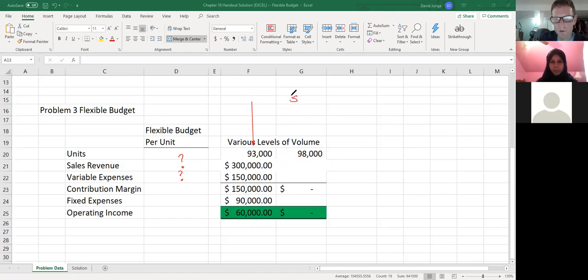So what do we have to do? You take the 300,000, that's your sales revenue, and divide that by what? 93,000 units. You take the 150 and divide by 93,000 units. And of course, once you do that, that's going to give you your per unit for sales revenue and your per unit for variable cost.